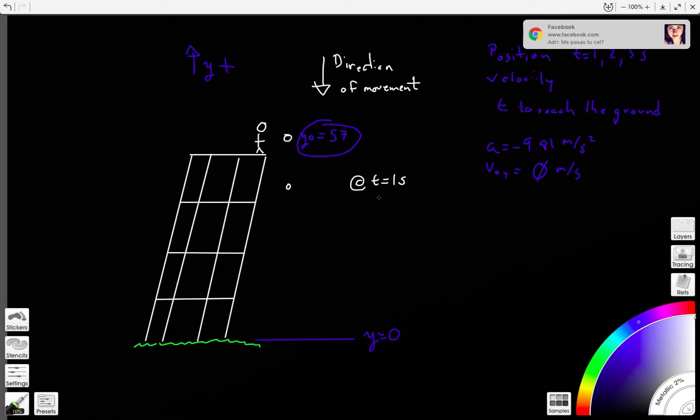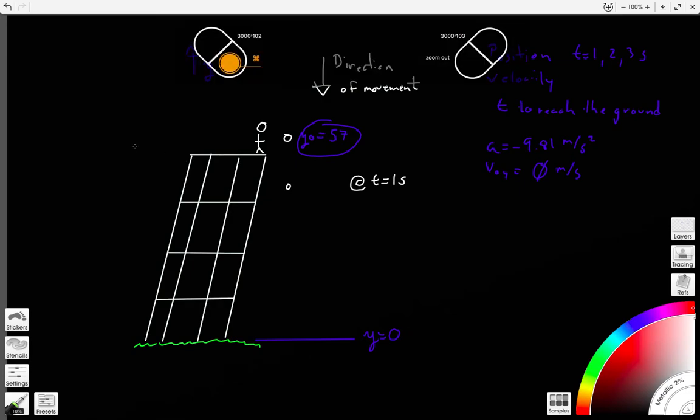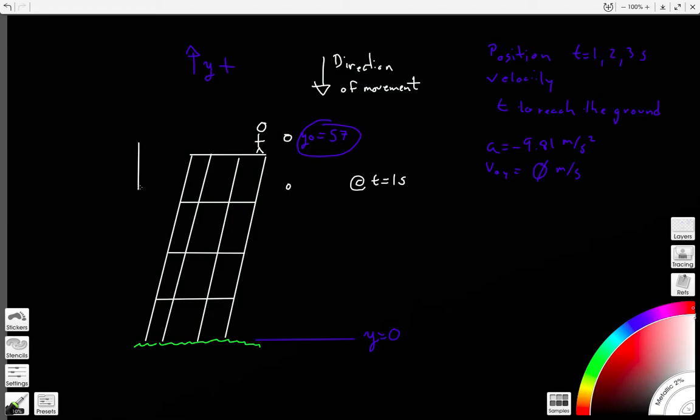Okay, there we go. Let's use this color. So on our first calculation, we said that after 1 second, the ball moved from this position to this position, right? And that position is negative.